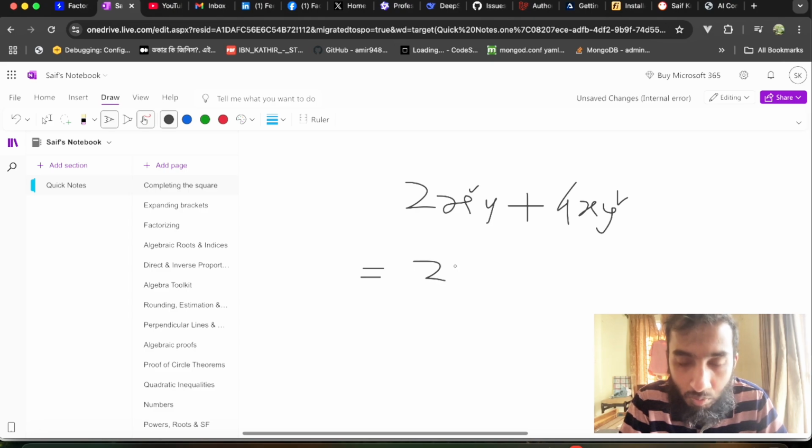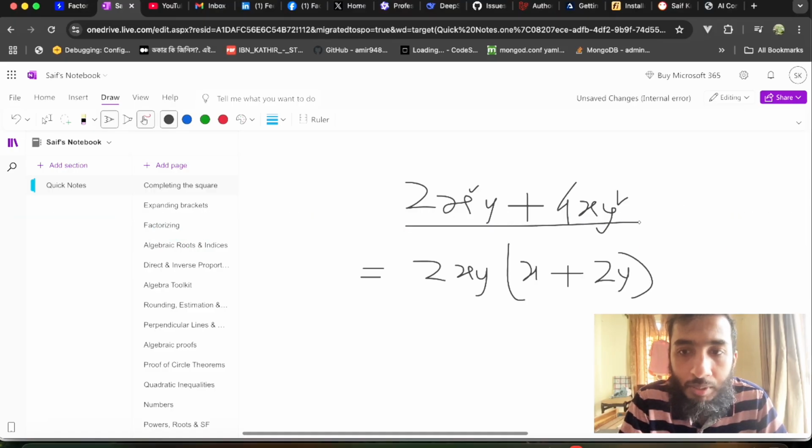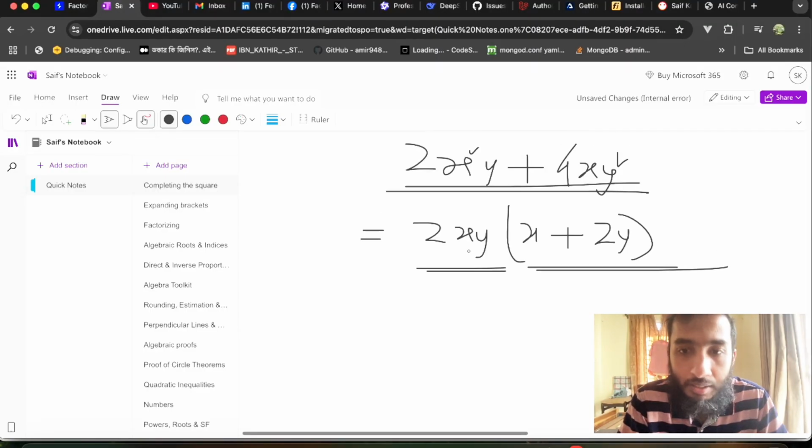If we take 2xy, we get what? x plus twice y. So we have written the expression 2x square y plus 4xy square as a product of two expressions, 2xy into x plus twice y. Can it be more simplified? I can't see right now, so I'll keep it as it is.